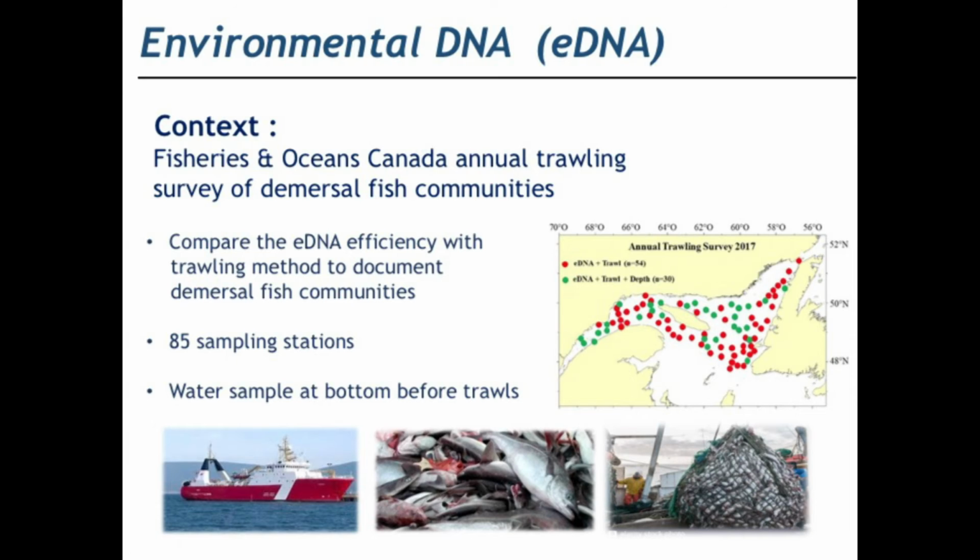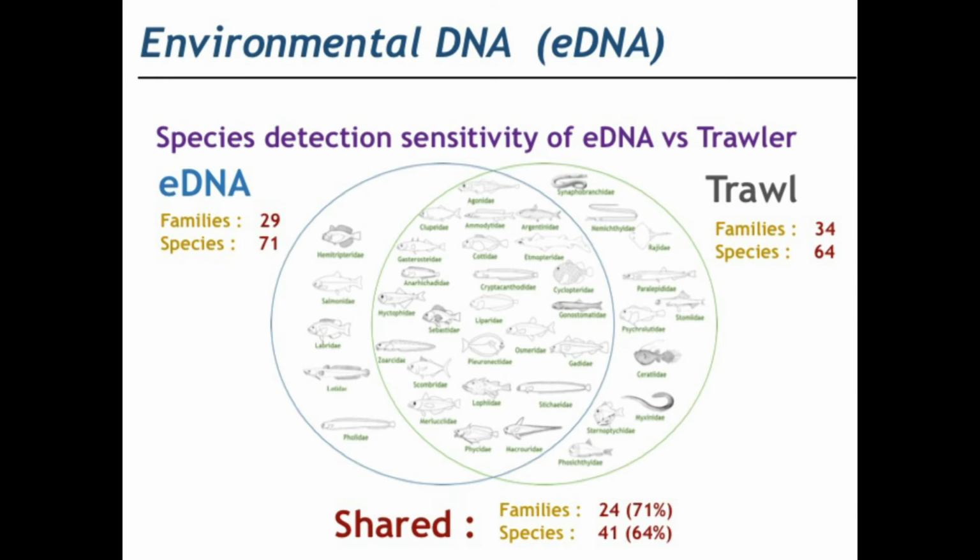So don't bother with the different colors, it doesn't matter here. We had 85 sampling stations, and of course we took water samples at the bottom, before the trawls. So that's the comparison of what has been seen. eDNA detected 71 species, the trawl 64 species, and only 64% were shared between the two methods.